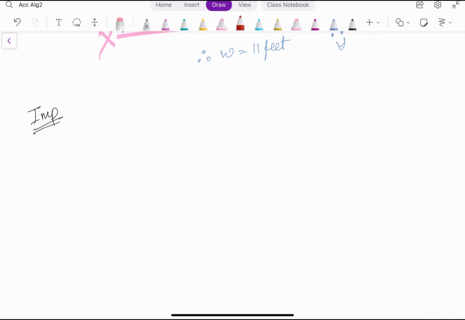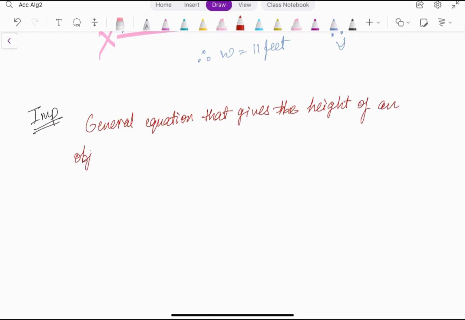So let's get started. The general equation that gives the height of an object: when we are talking about the height of the object, we are talking about either the object is falling or vertically projected into the air.